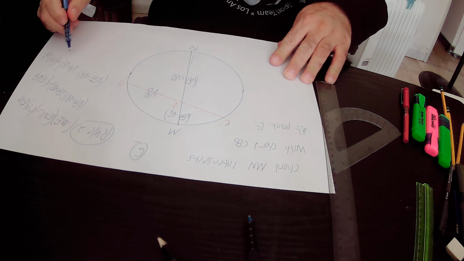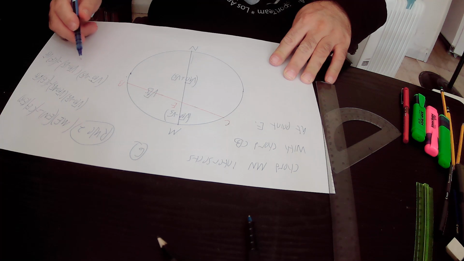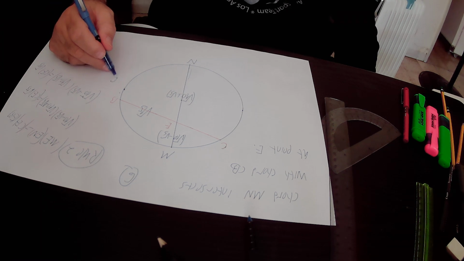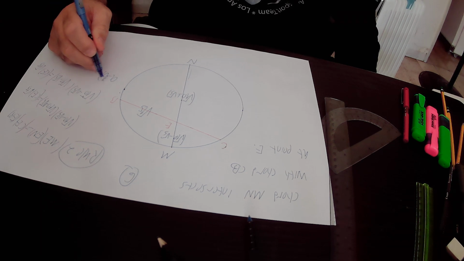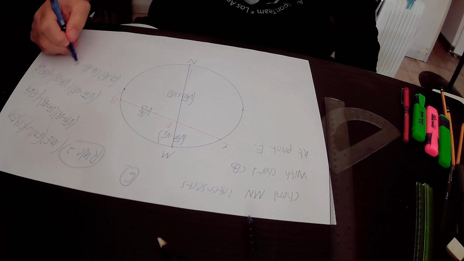In order to find out the value of this expression, square root of 10 plus square root of 5 times square root of 10 minus square root of 5, we will use the algebraic identity that states that a plus b times a minus b equals a squared minus b squared.